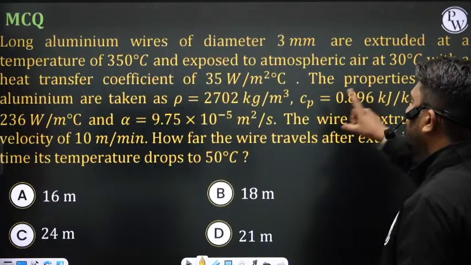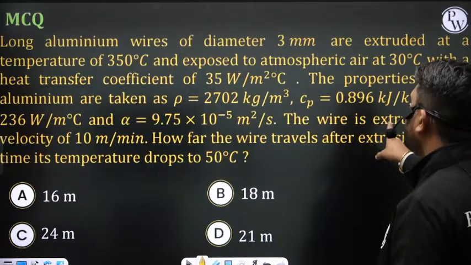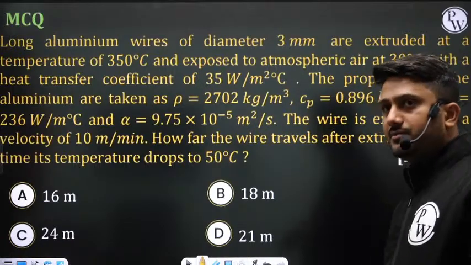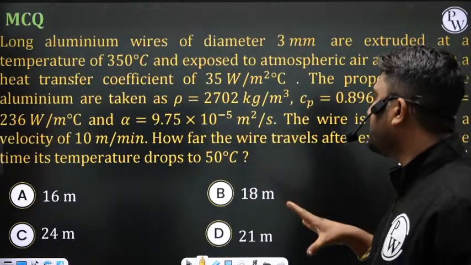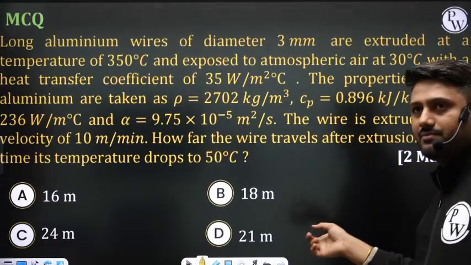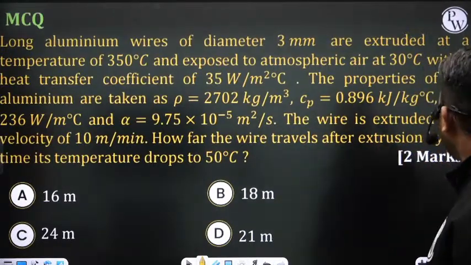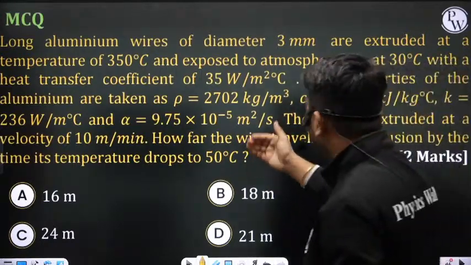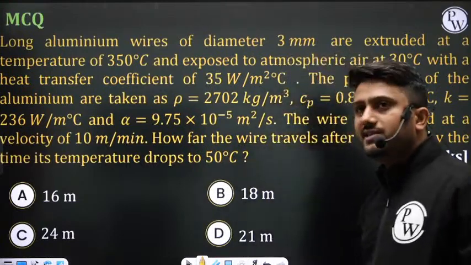So the properties of the aluminium are given: density, Cp, thermal conductivity, and alpha, the thermal diffusivity, are also given. The wire is extruded at a velocity of 10 meter per minute. And in the question it is asked how far the wire travels after extrusion by the time its temperature drops to 50 degrees Celsius.